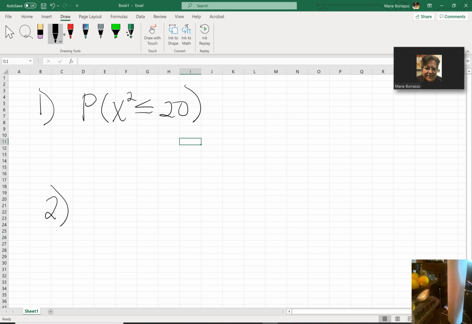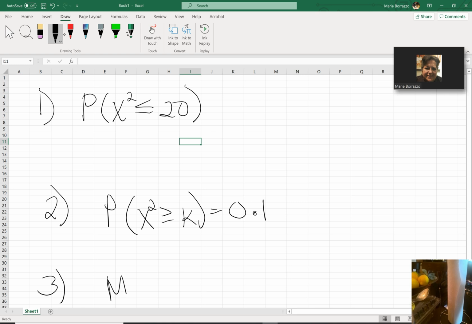Here's question 2. In question 2, you have the value where P of chi-square greater than or equal to k is equal to 0.1. And here's number 3. We're looking at basically find the median.